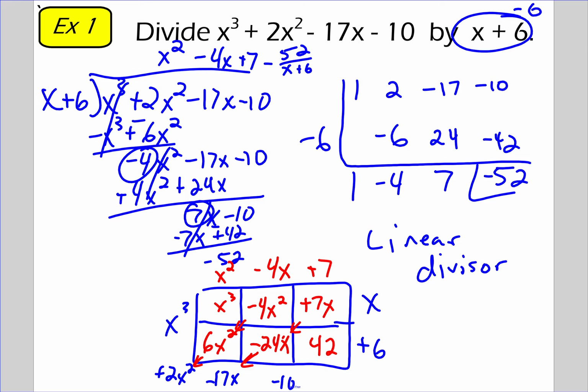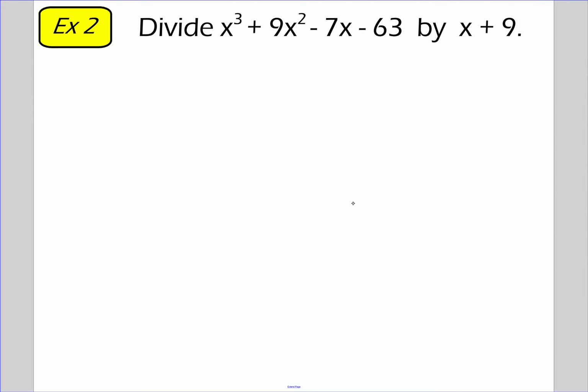So I have to account for that, since this is extra. I have to take that negative 10 and subtract out 42 to get my negative 52. One of the more confusing parts about using division here is what we do when it doesn't come out evenly. So let's take a look at example number 2.